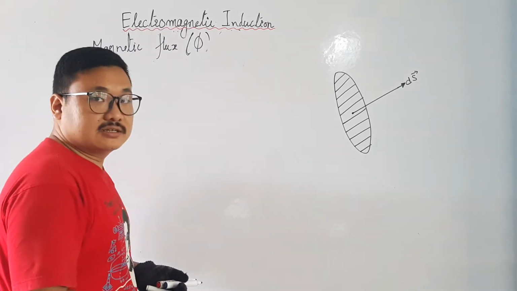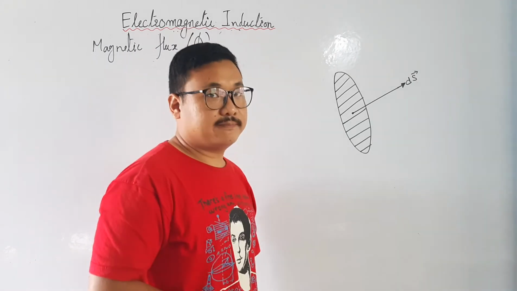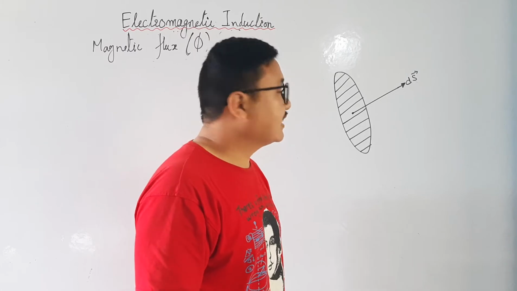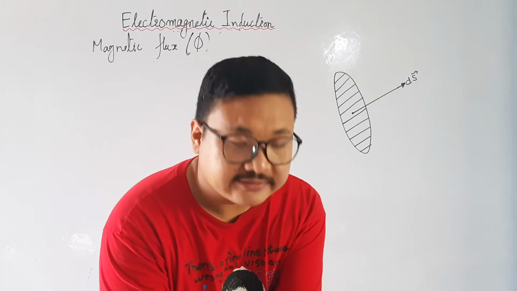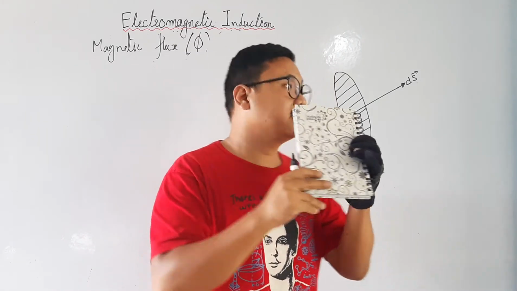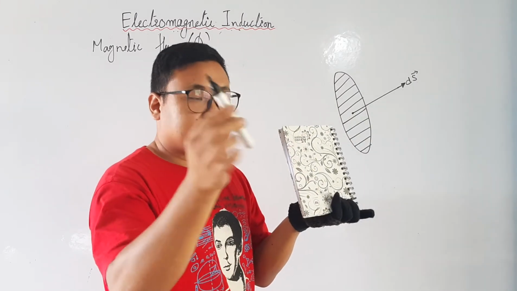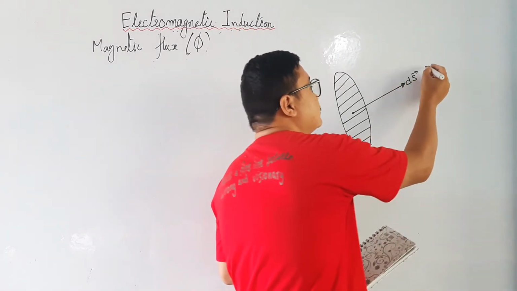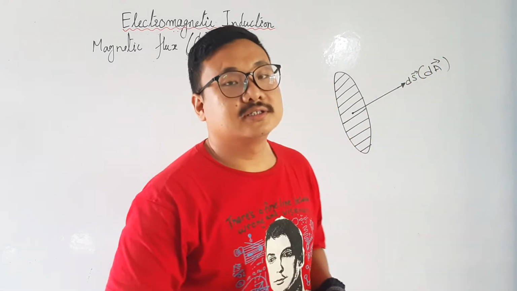So let us find the mathematical relation of magnetic flux using this diagram. This is a circular surface area, and this ds is its area vector. For example, if this is my surface, tilted like this, and this is my surface area vector, this can also be written as dA vector depending upon the author.